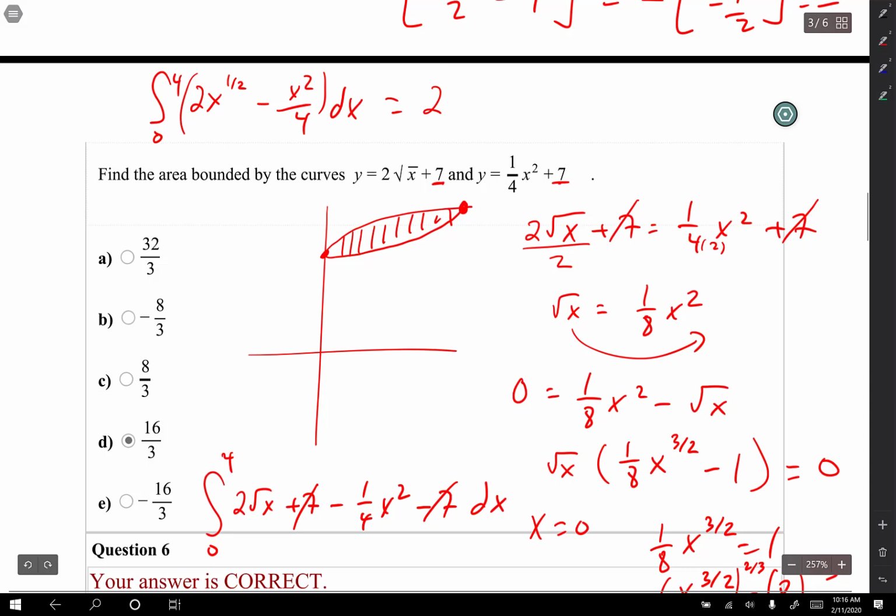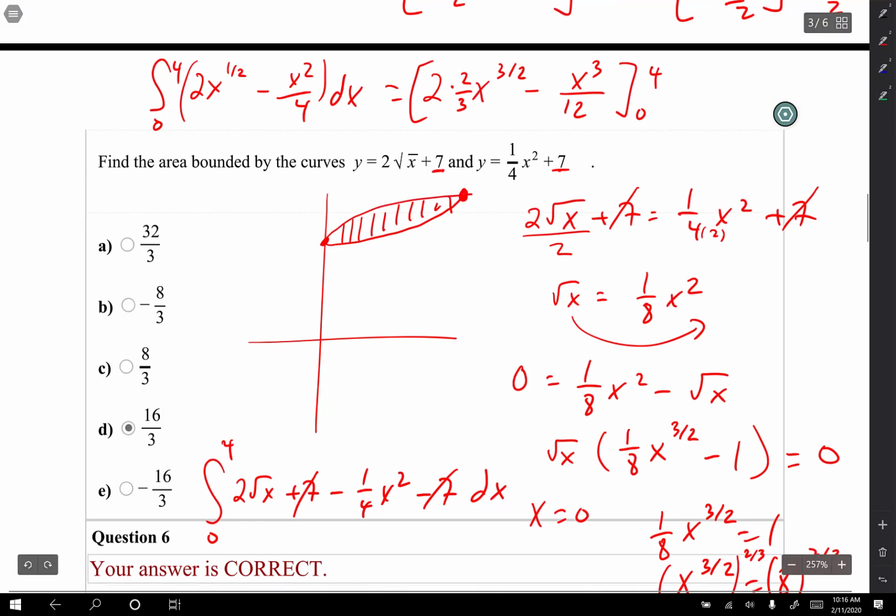So let's see, 2x to the 3/2 times 2/3 minus x cubed over 4 times 3, which is 12. And all this from 0 to 4. We don't have to worry about the 0. So let's see what we finally have: 4/3 times 4 to the 3/2 minus 4 cubed over 12.